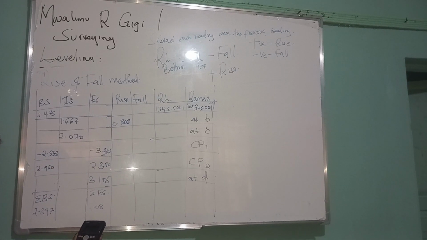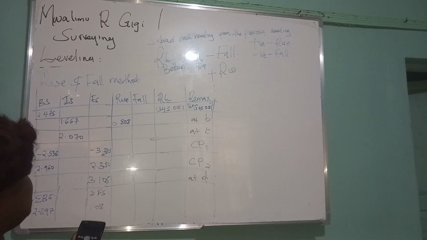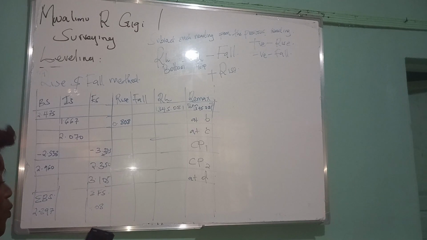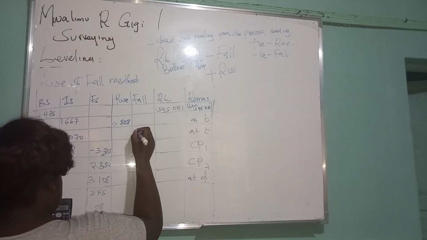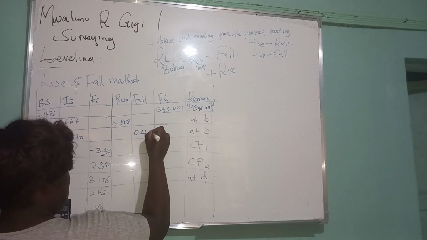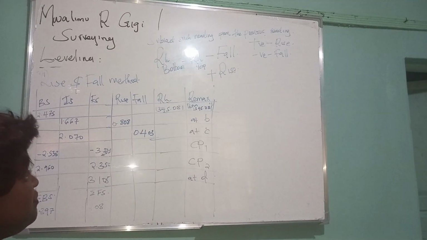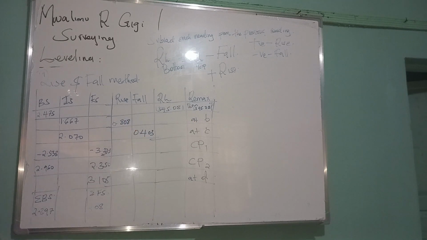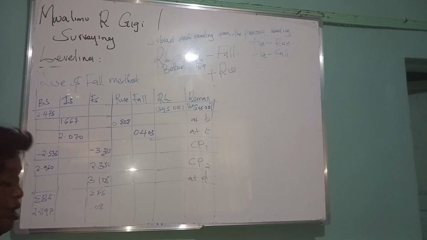So next we have 1.667 minus 2.070. It is negative 0.403, meaning it is a fall. So it is 0.403. So you don't write the negative sign, you just write it in the fall column.